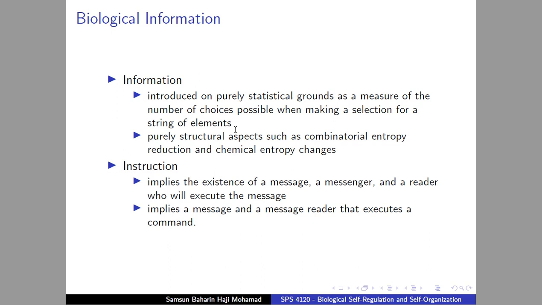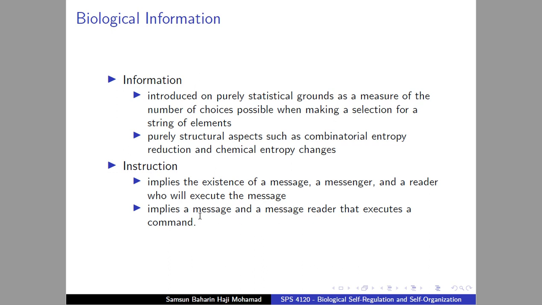This instruction implies the existence of a message, a messenger, and a reader who will execute the message. So we have the message, a messenger, mRNA, and the reader. The reader will interpret the message and execute the message.